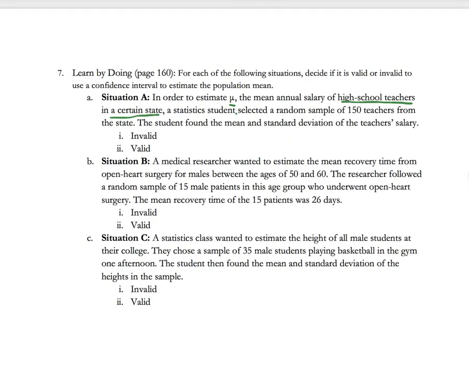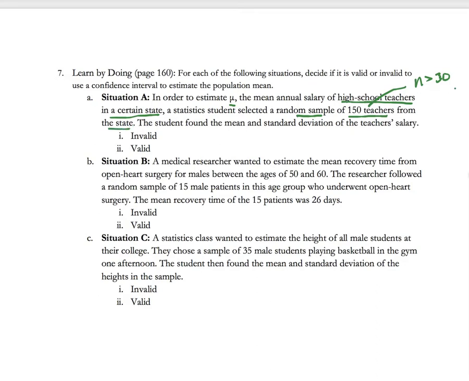A statistics student selected a random sample, that's good, of 150 teachers. That's good, right? Because we need our sample size to be bigger than 30. Random sample of teachers from the state.